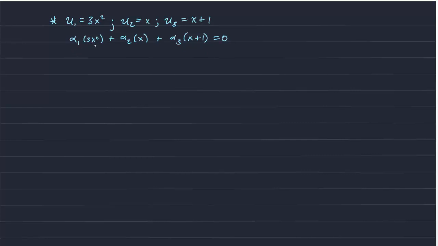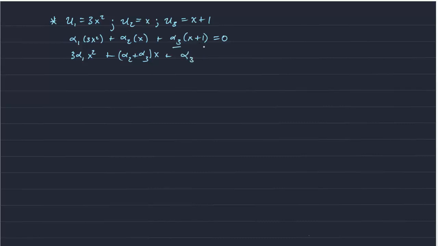And so we need to find what these coefficients are for this to be true. Again, we collect like powers of x, and we get 3 alpha 1 x squared. We get alpha 2 plus alpha 3 times x, and we get alpha 3 by itself.